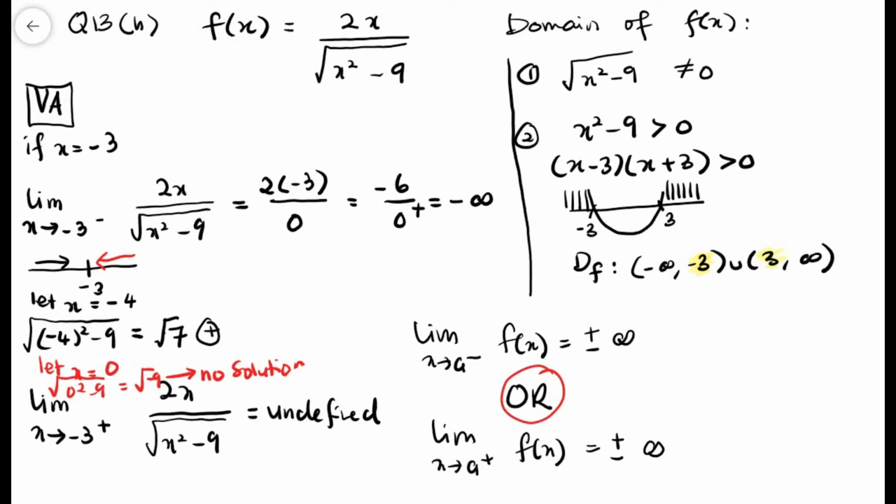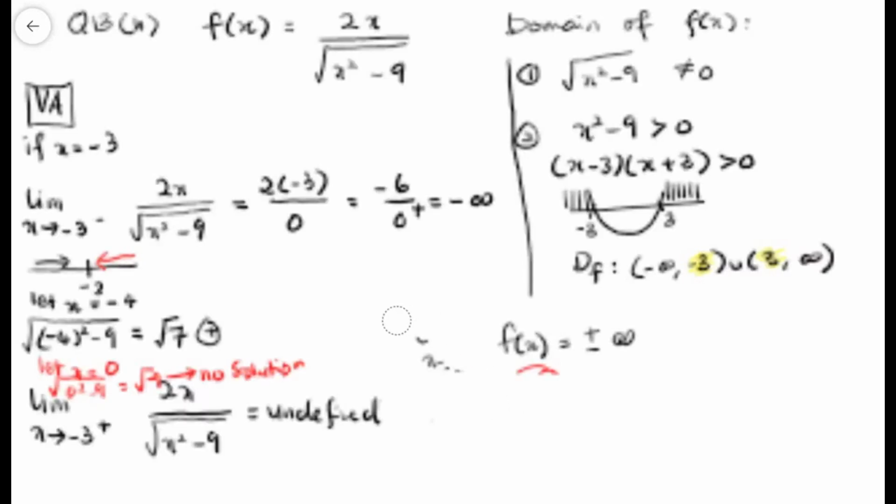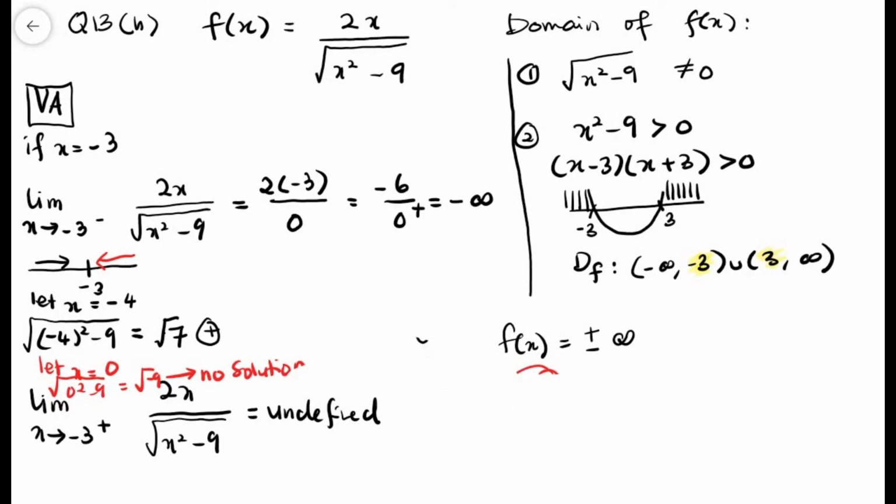So from this statement here, you can see that the left-sided limit of x approaching negative 3 from the left gives the value negative infinity. So for the first part, therefore, x equals negative 3 is the vertical asymptote.